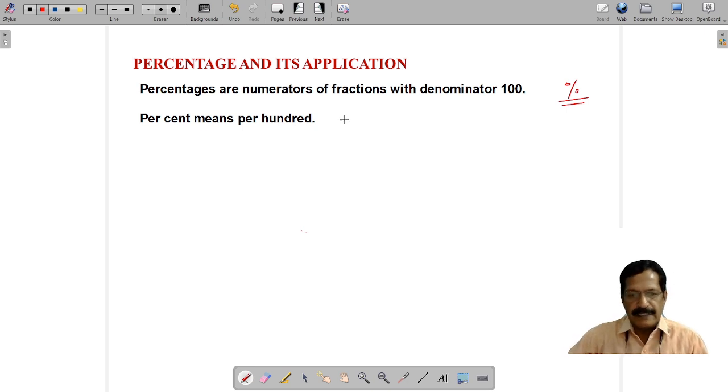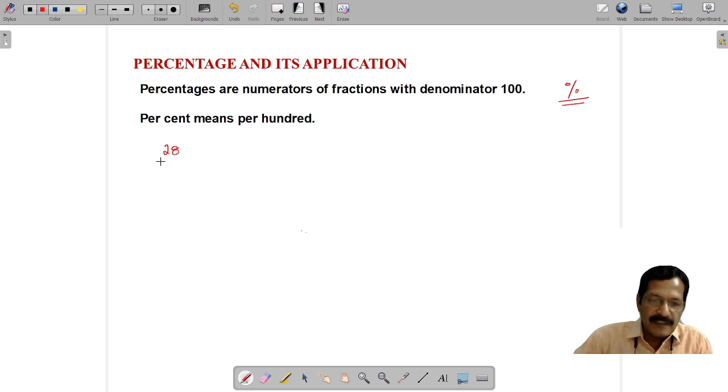What do you mean by percentage? Percent means per 100. Suppose in 100 articles, 28 are selected. Then the percentage is 28 by 100, and that is equal to 28%.